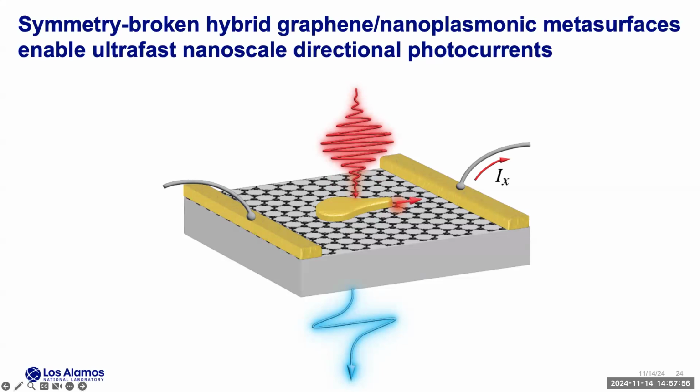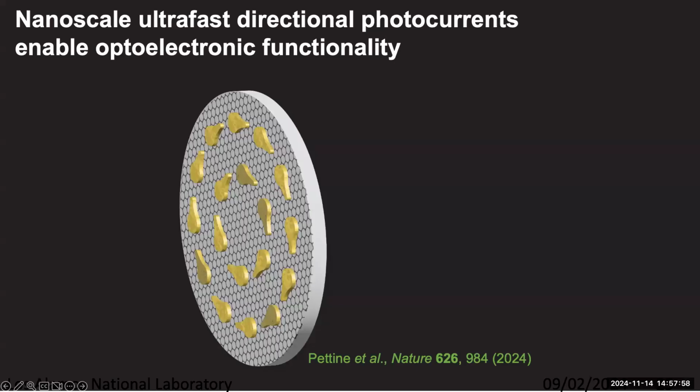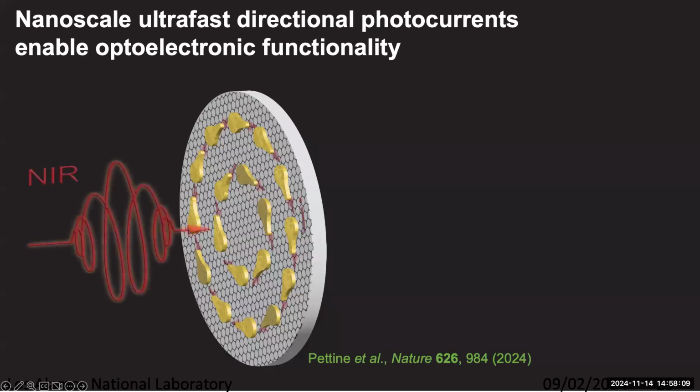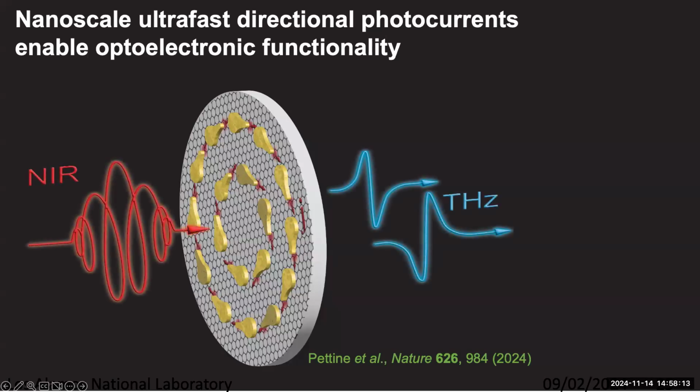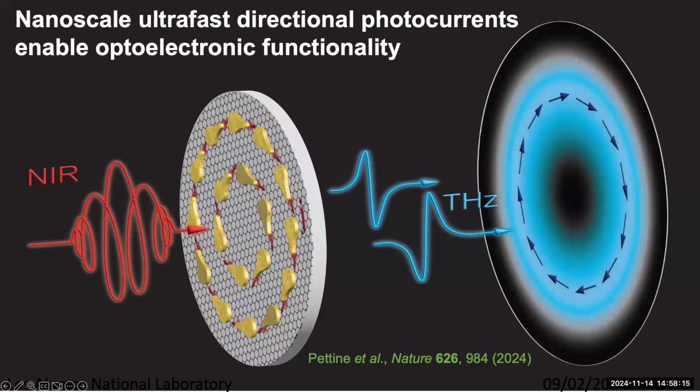And if you pattern your structures, you can get vectorial currents, and when you excite it with a short pulse, you can get vectorial terahertz emission. So I'm going to talk about both of these kinds of directions.